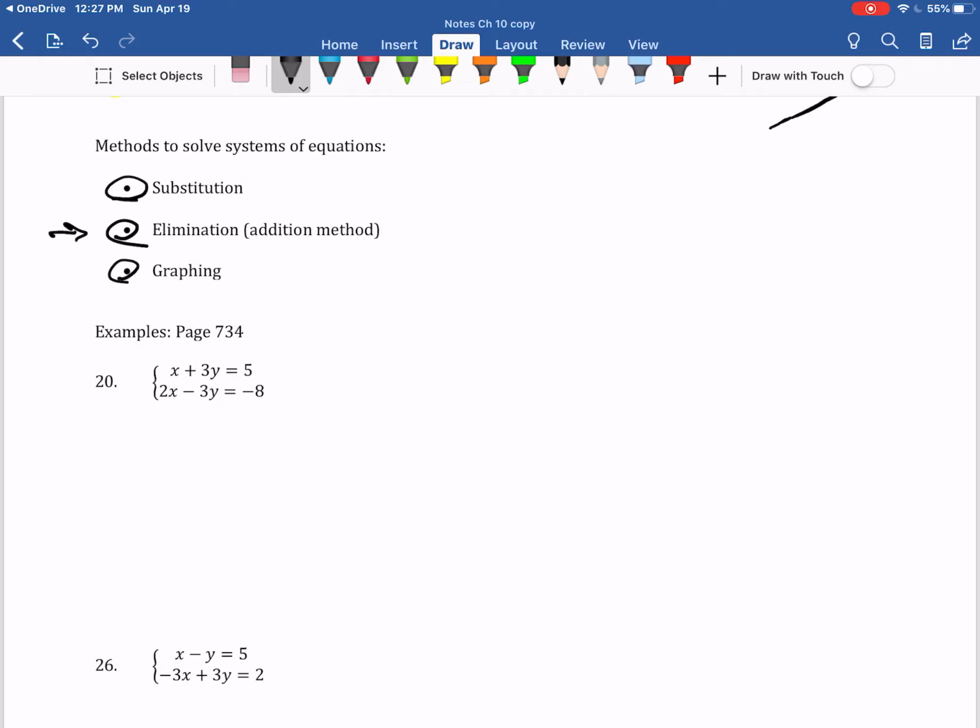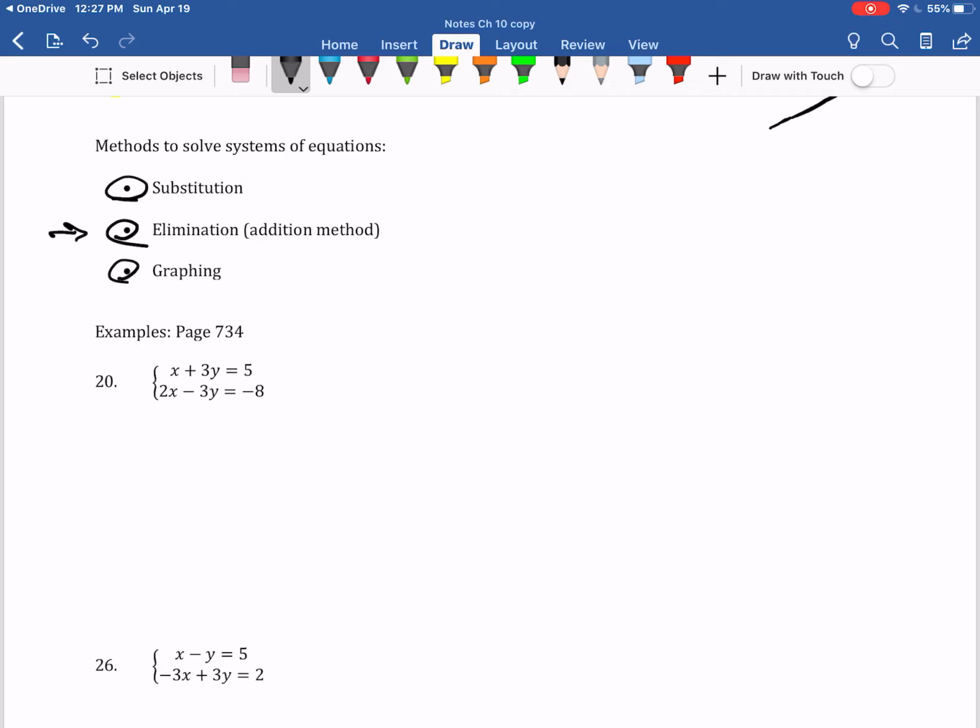What you want to do now is add your like terms together. When you add the like terms together, x's and x's, y's to y's, constant to constant, one of your variables is going to cancel out, which means you're going to get a sum of 0. So when I add 1x to 2x, I get 3x. That did not eliminate. When I add 3y to negative 3y, I do get 0. And so the y variable was eliminated.